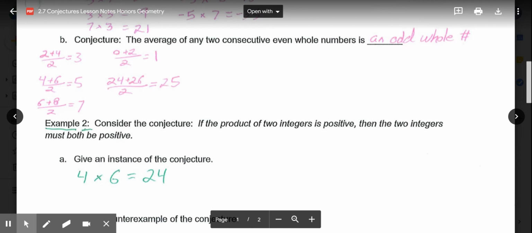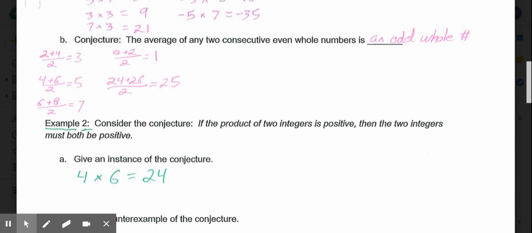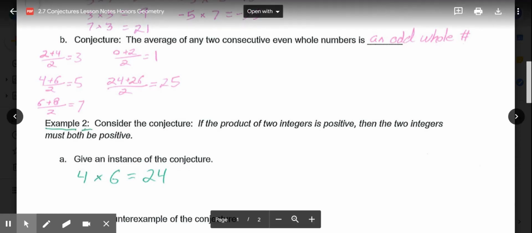So the average of them would be add them up, divide by 2, or 4 and 6, 6 and 8, 0 and 2, 24 and 26. So a few examples there. Doing the average, so add the numbers, divide by 2, and I start to see a pattern with my answers. My answers all come out to be odd numbers.